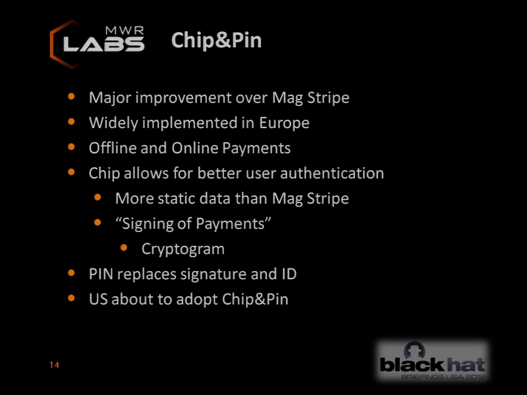A card is now able to sign information which represents the payment by generating a so-called cryptogram. In the case of chip and PIN payments, one side is the chip, the other side is the PIN. The PIN now replaces signatures or IDs, which are commonly used in the US for authentication of cardholders.